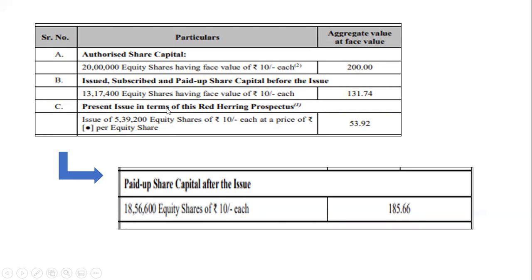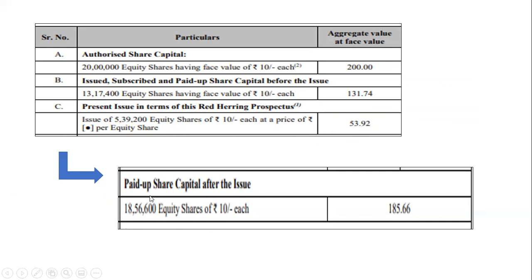The present issue, which opened on 1st September, is 5,39,200 shares of rupees 10. This is the face value, and the issue price is in the range of 71 to 74. So if the face value is 10, the issued capital will increase by 53.9 lakhs.